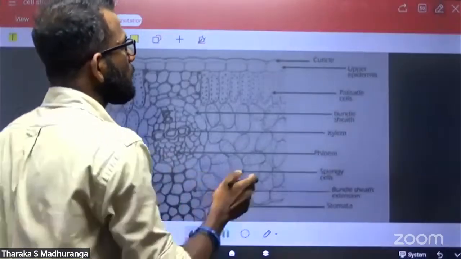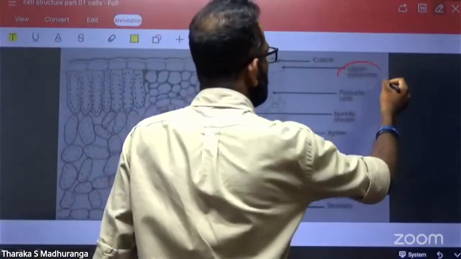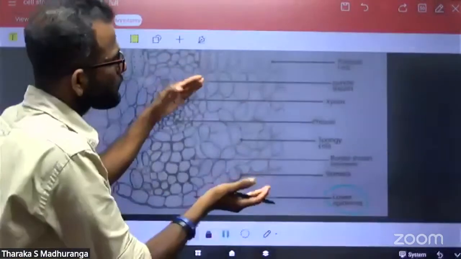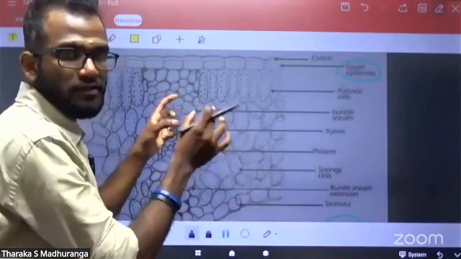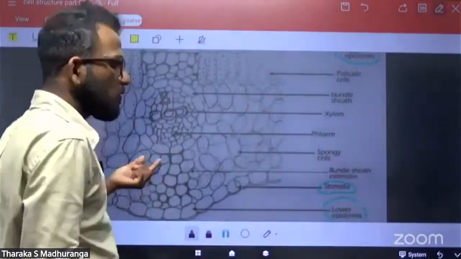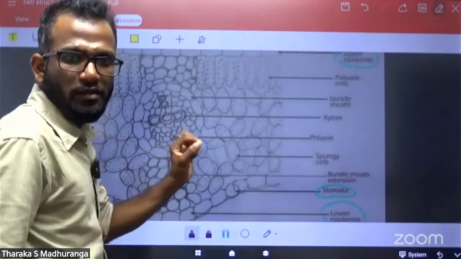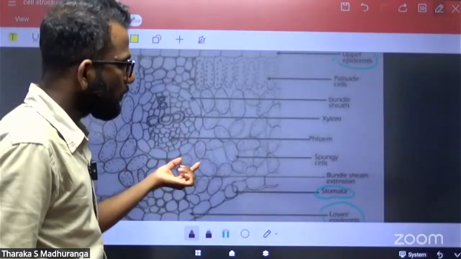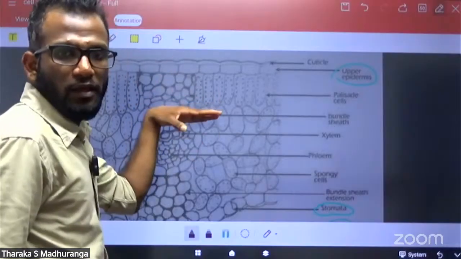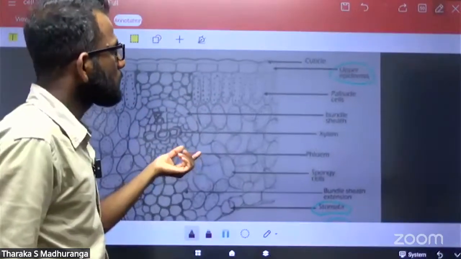Then the epidermis, the upper epidermis, and there is also the lower epidermis. It is protective, and it contains stomata, which means holes. They are important for transpiration.